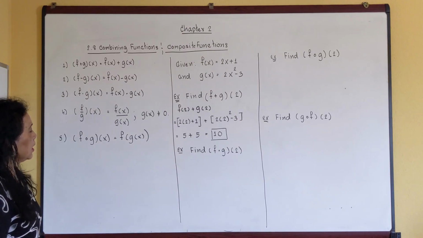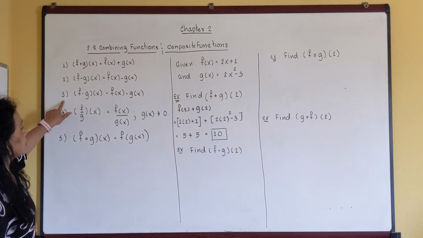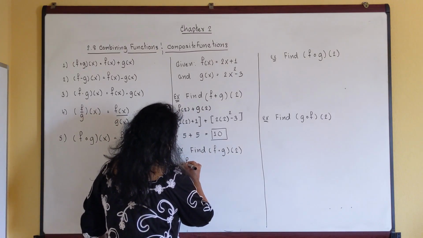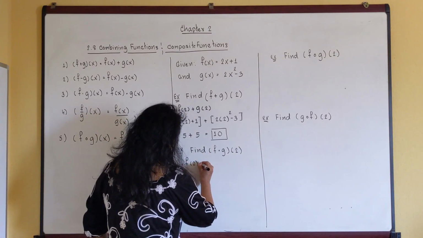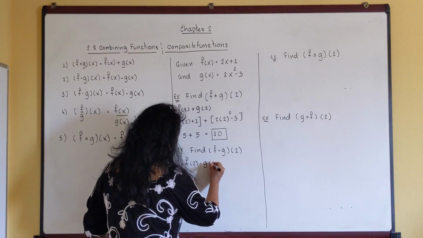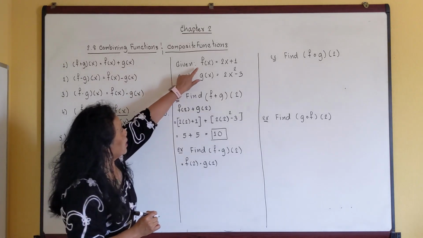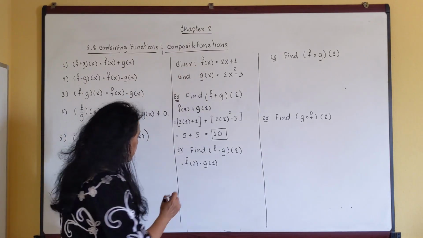The second one, multiplication, this is number 3. So it's equal to f of 2 times g of 2. That's what the definition said here. So you go to the f function, replace the x by 2.